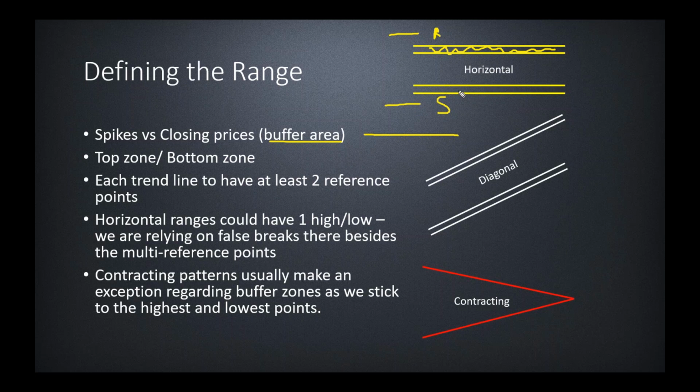They're always tiny channels, of course, depending on the time frames, depending on the structure, etc. Okay, so this is how we create a top zone and a bottom zone, or a resistance zone and support zone. You can call them as you wish. I really don't care, as long as you have identified these two zones.